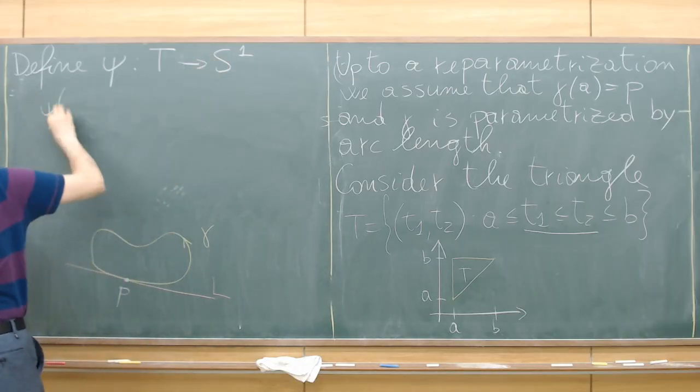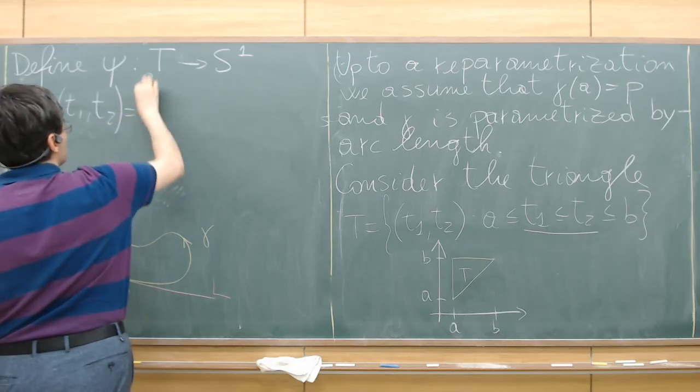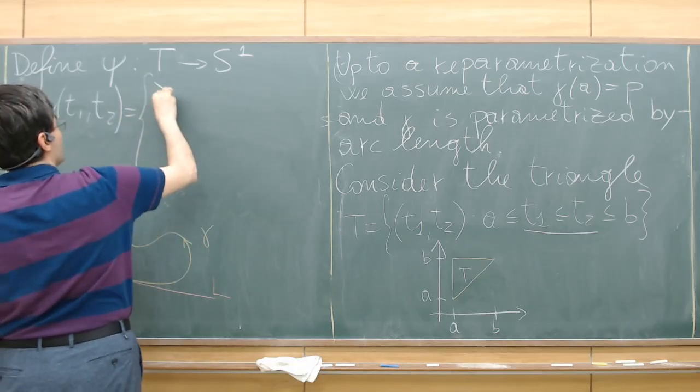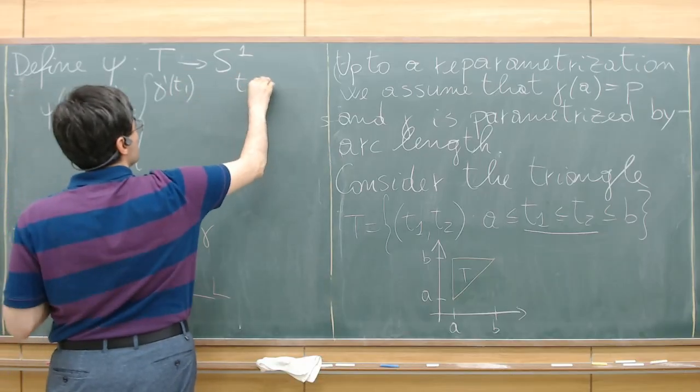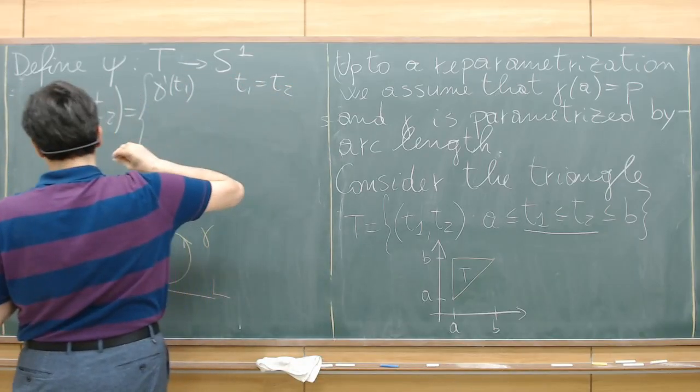So psi of (t1, t2) is equal to gamma prime of t1 if t1 is equal to t2.